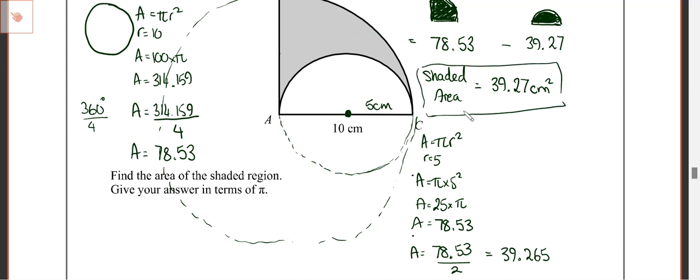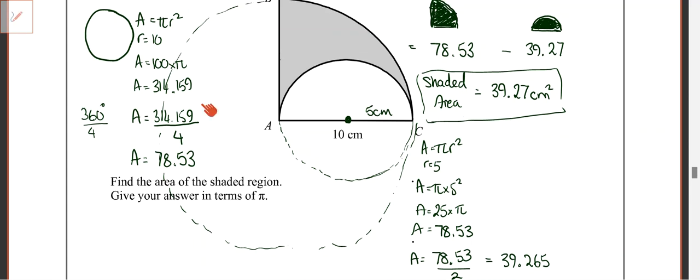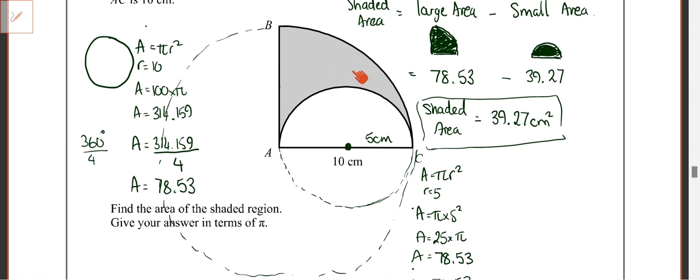So just to recap, the process has been, when you work out a shaded region like this, you work out the shape that's the main thing. So the quarter of a circle was the big one. The cutout is actually a smaller semicircle. So if we work out the big one, subtract the small one, we're left with the shaded region.